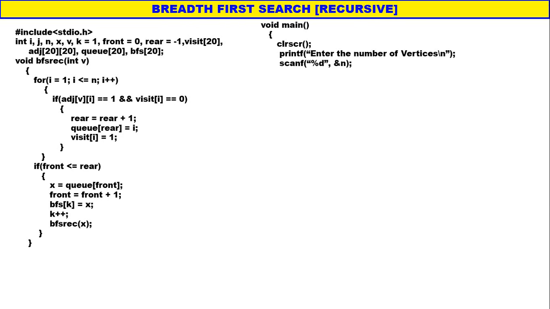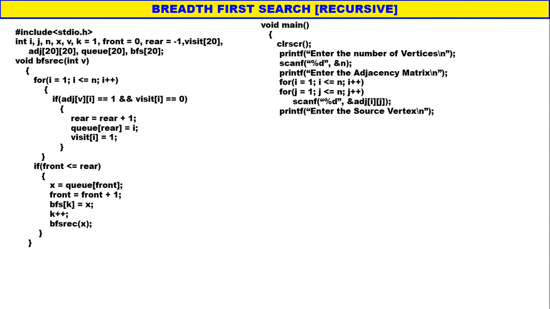That's all, the recursive function for BFS REC. In the main program, we read the number of vertices and the adjacency matrix. The source vertex is V. Initially, you can observe, for 1 to n, visit is equal to 0, and rear plus n, q of rear is equal to v. Visit of v is equal to 1. Just now I said that for the initial vertex, visit of the initial vertex is equal to 1.